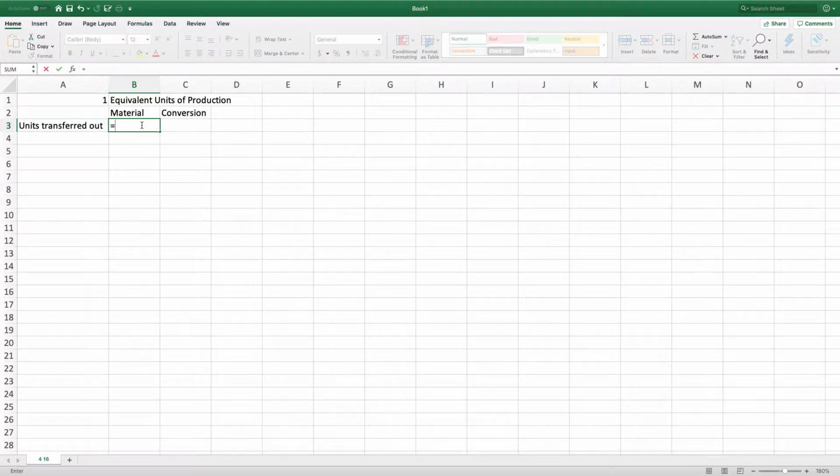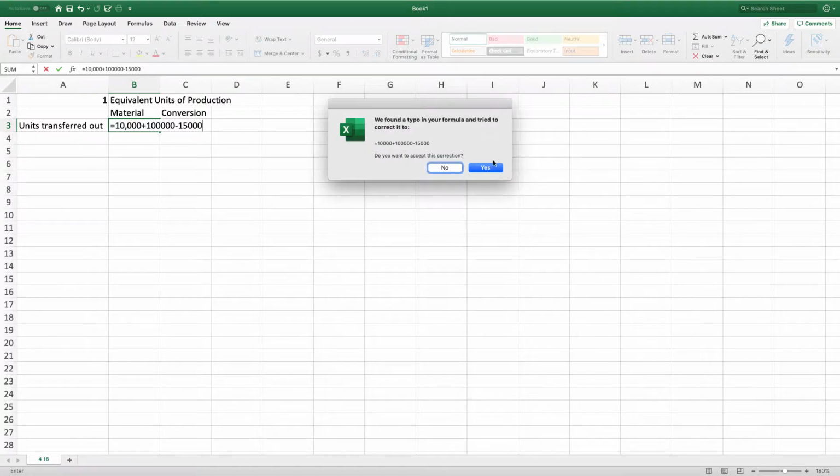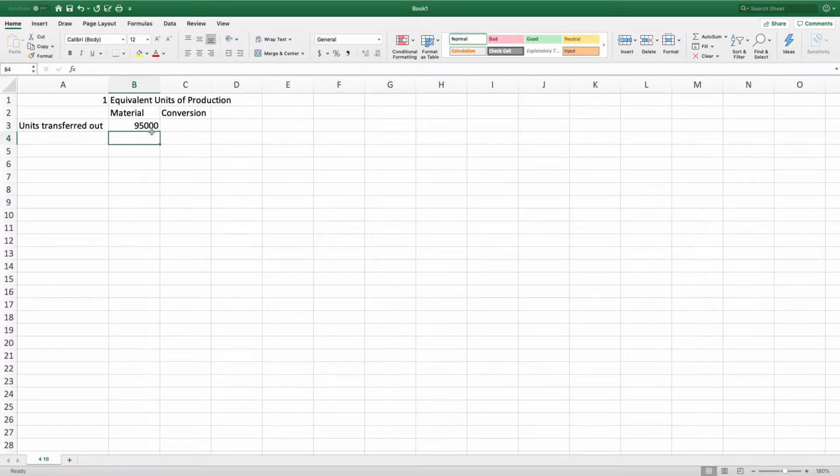So we can say the 10,000 plus the 100,000 minus the 15,000, and that gives us 95,000 units. That's how many units we completed and transferred out. Remember, these are 100% completed with respect to material and conversion costs.